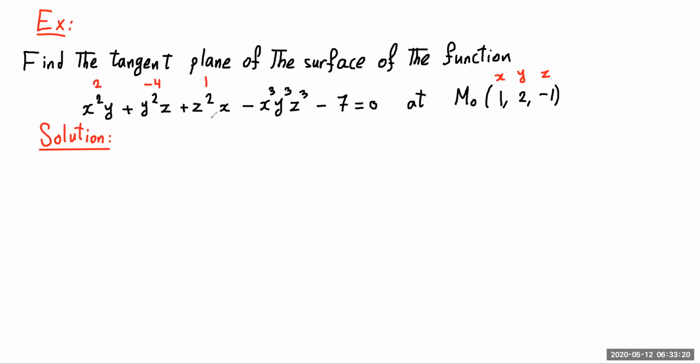Then 1 times 8, 2 power 3, 8 times minus 1, so minus 8. So here it's minus 1 minus 7 plus 8 equals 0. This is correct. So the point M0 lies on the surface S given by this formula.